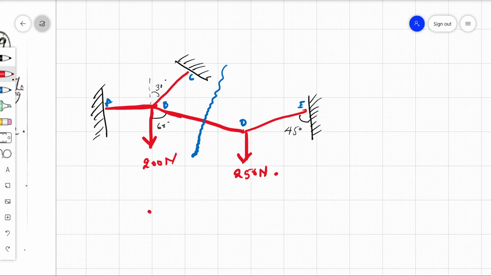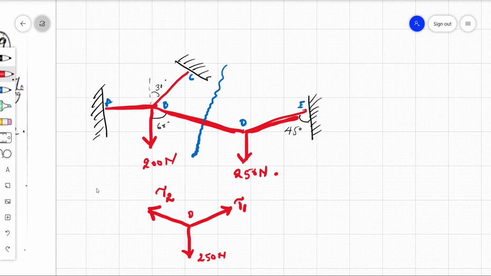This is a tension in the cable, and this is also having a tension, and there is a downward force, that is 250 Newton. So I call this tension T1 and this tension T2. So I divided at point D like this.